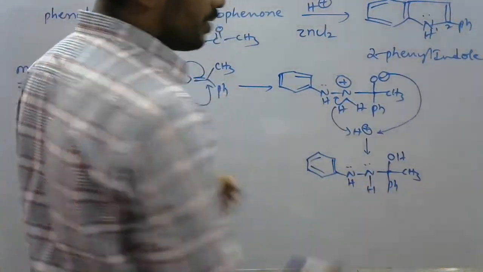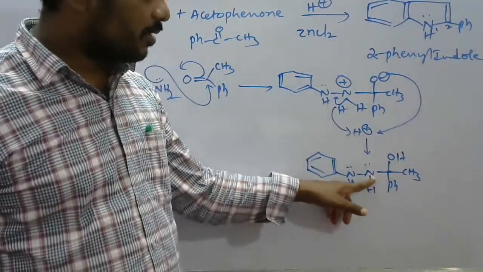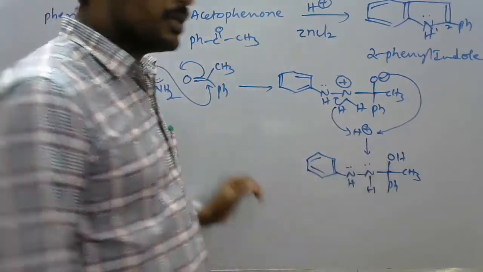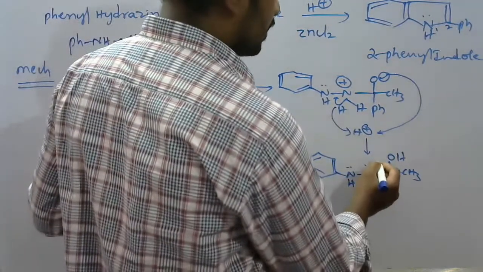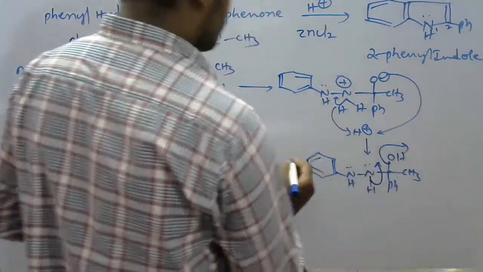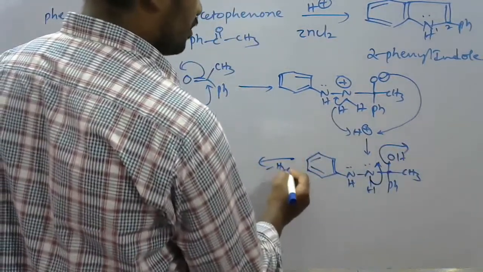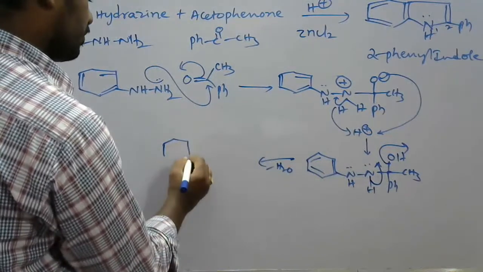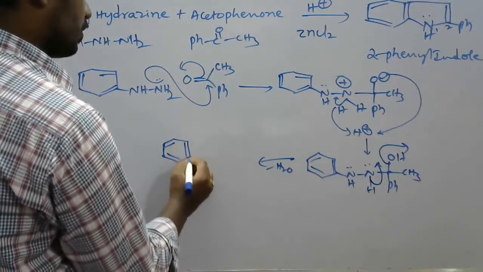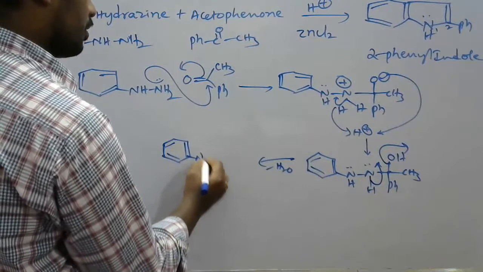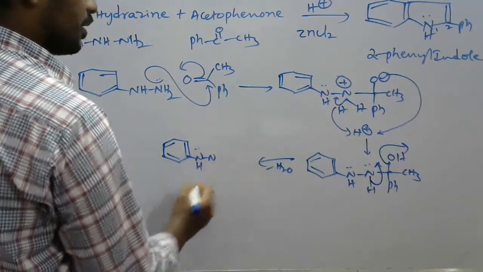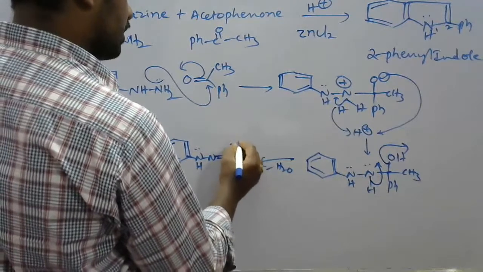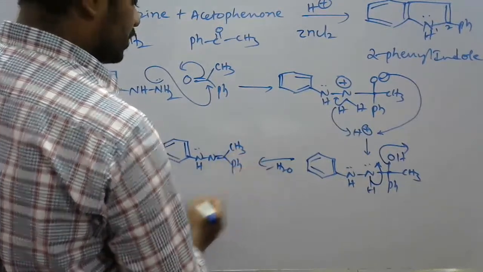This is unstable because a single carbon has highly electronegative atoms, nitrogen and OH. Spontaneously there is loss of a water molecule, H and OH, then formation of the double bond: NH, N double bond C, CH3, Ph.